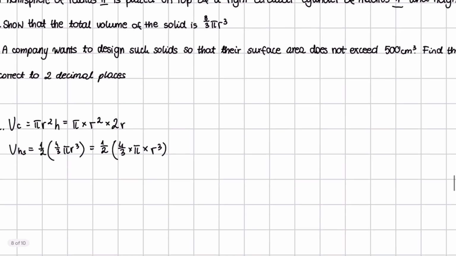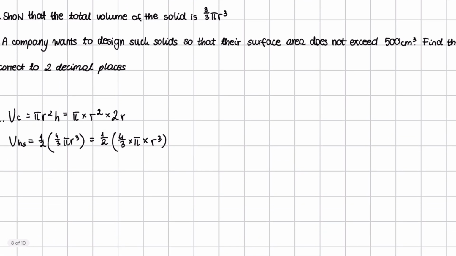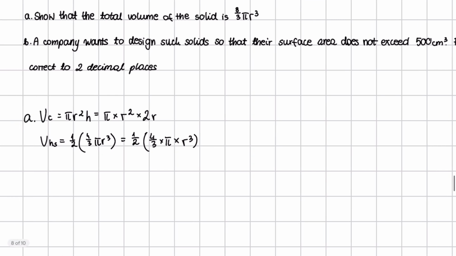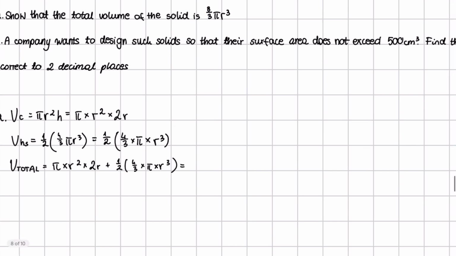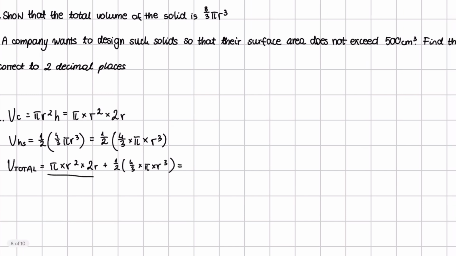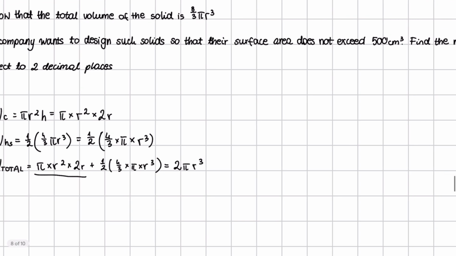So now in order to have the total volume of the solid, we have to add these values. So these are our values. So here we have 2 times pi times r to the power of 3 plus 4 over 6 times pi times r to the power of 3.